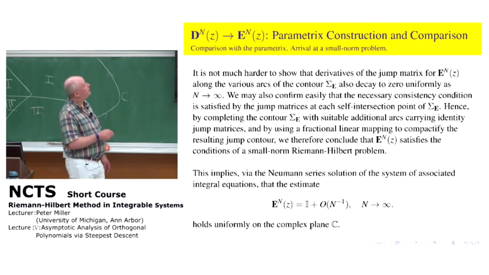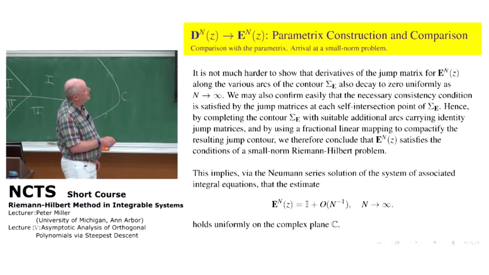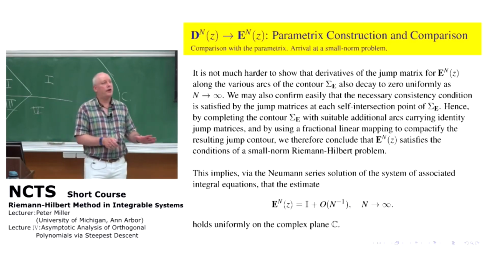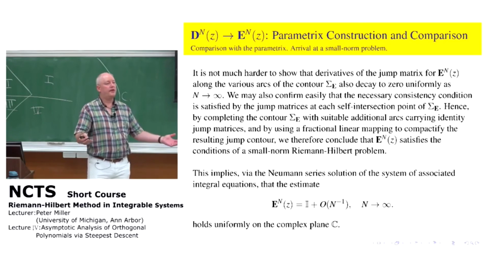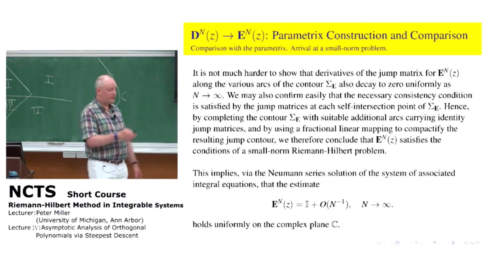Okay, so it's not much harder to show that the derivatives of the jump matrix for En along the different arcs also decay uniformly as n goes to infinity. And you can also check that the necessary consistency condition is satisfied by the jump matrices at the self-intersection points. And that's coming from something we mentioned earlier. If you start with a problem that's consistent and you make piecewise substitutions in the complex plane, you will preserve that consistency.